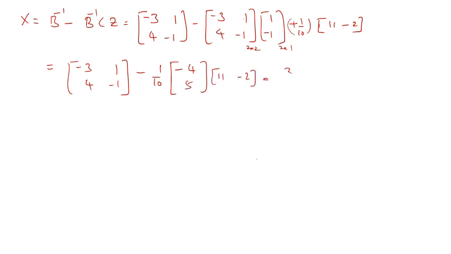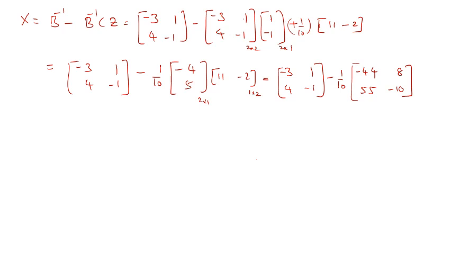So this is 2 by 1, and this is 1 by 2. So result is 2 by 2. First position minus 44, this is 8, this is 55 and this is minus 10.